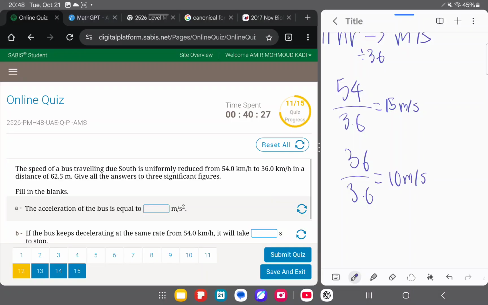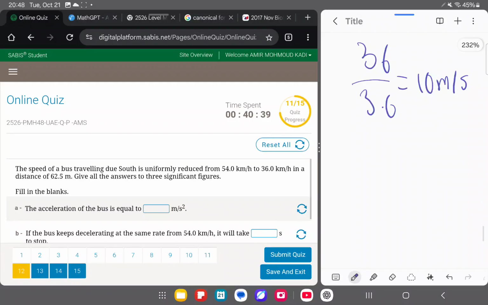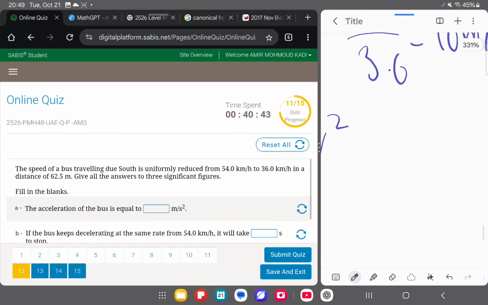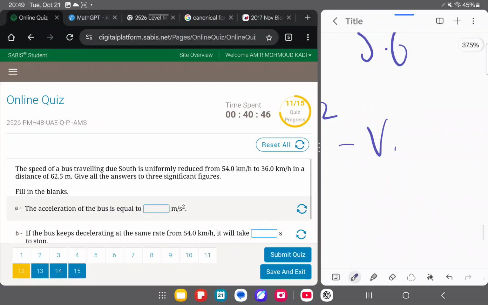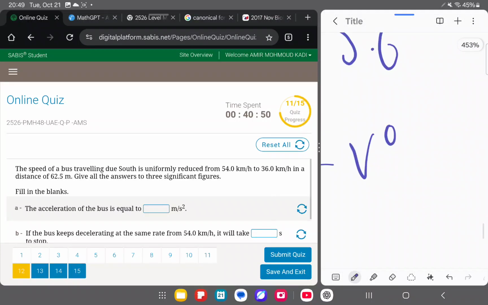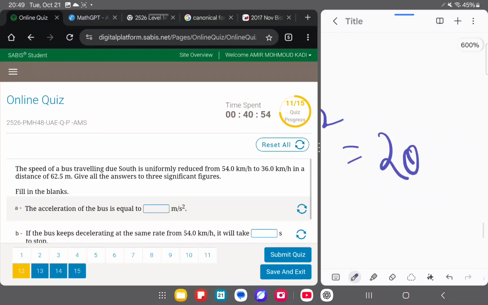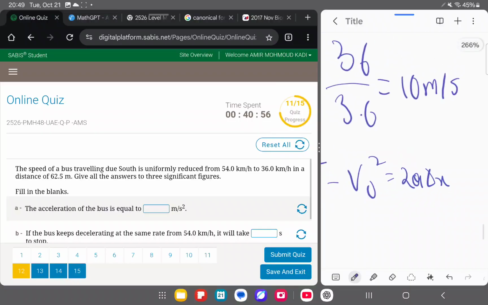So to find the acceleration, we have to do v squared minus v0 squared equals 2a delta x.